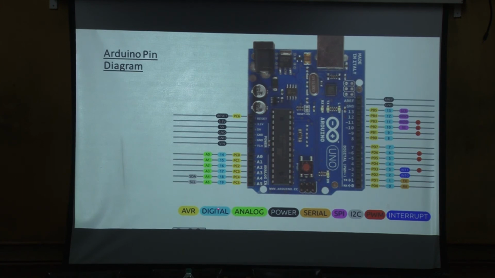This light blue color is a digital pin. The green color here is an analog pin. Power and power ground are given here. The serial interface is this one. Then the red color pins are PWM pins. PWM stands for pulse width modulation, so we can control DC motors using PWM signals.